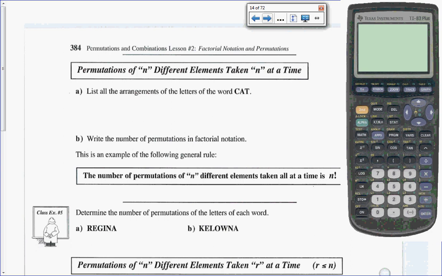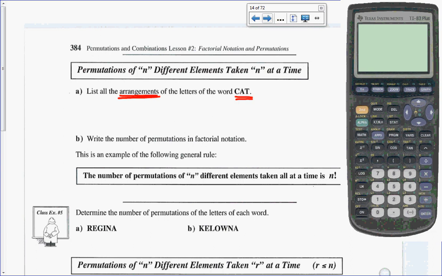Okay, so list all of the different arrangements. We're talking about arranging items, which indicates order is important, in the letters of the word cat. How many different ways can we arrange the C, the A, and the T? Now, in this case, it means we're using all 3 letters. We have 3 letters available to us, but we're using all 3 of them, right? It doesn't say how many different arrangements of 2 letters in the word cat can you make. It's saying list all the arrangements of the letters in the word cat.